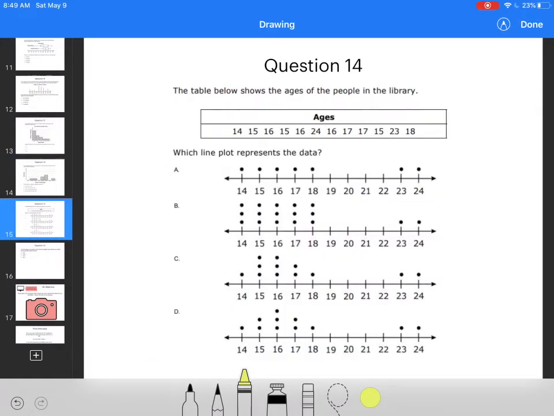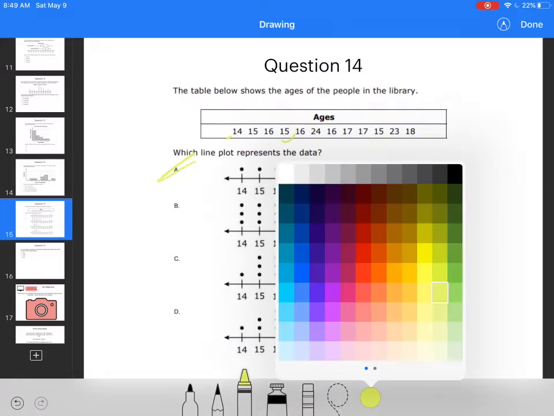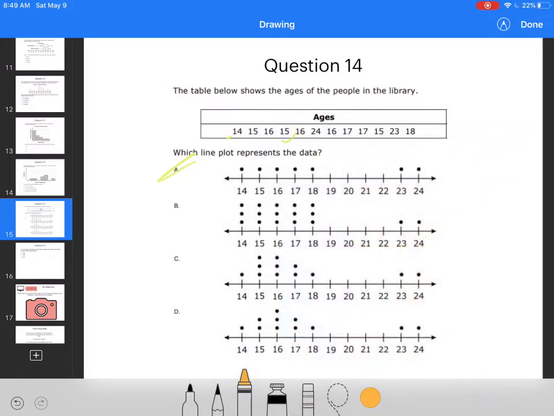Which line plot represents the data? So I have 14, 15, 16, but then I have another 15, so A is out. Let me try the next one. So I have 3, 14, so 1. There aren't 3 14s, so B is out.